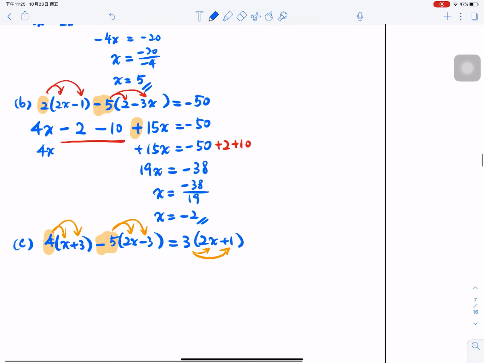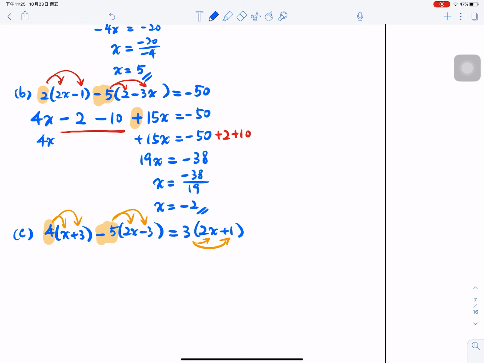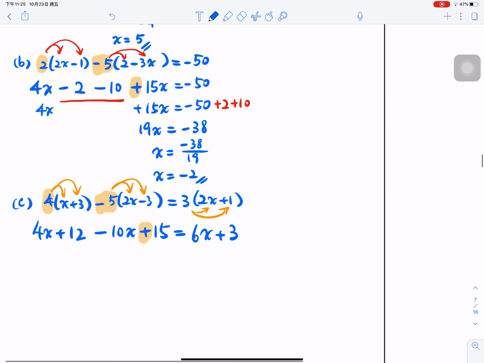Let's expand all the brackets. Here, 4x plus 12, correct. And then minus 10x, good, plus 15, correct. Okay, equals 6x plus 3. Great.